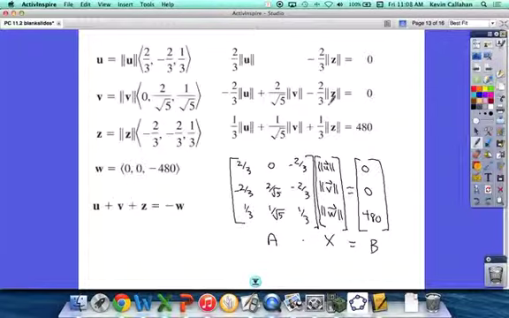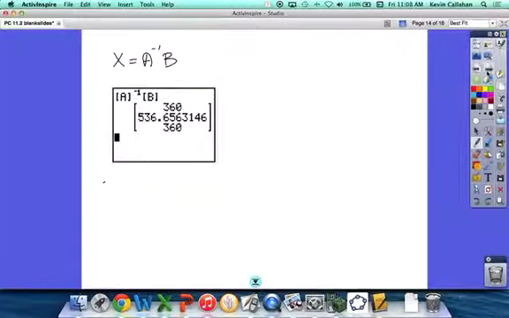We good, Taylor? Okay. So you do your X equals A to the minus 1 B, and these are the solutions.